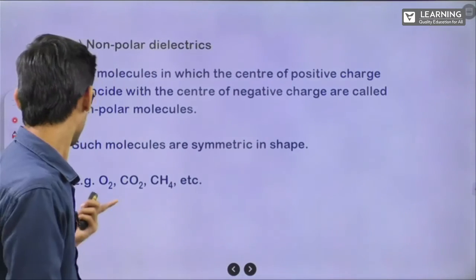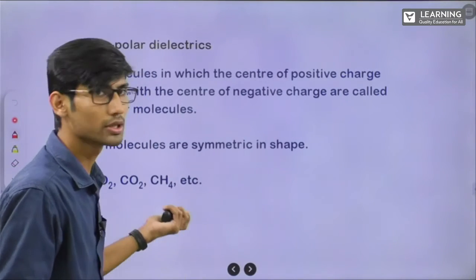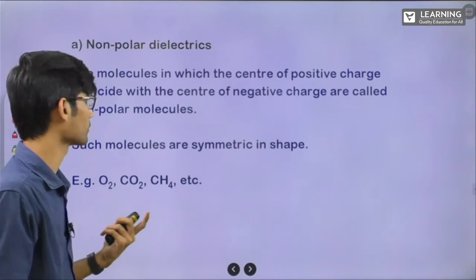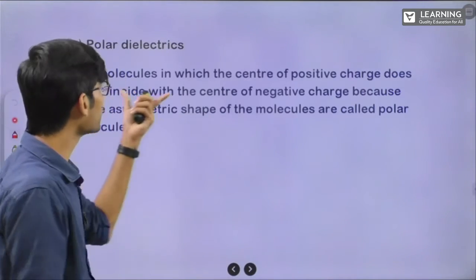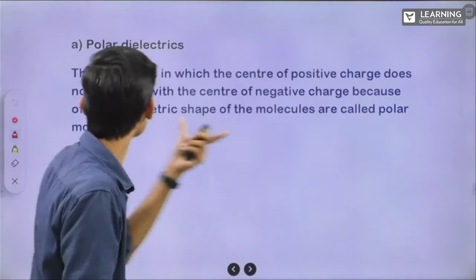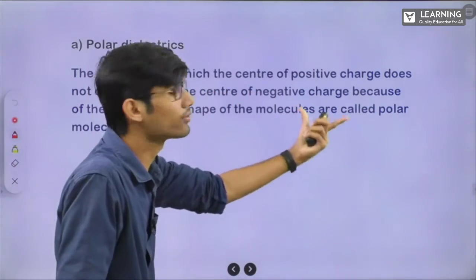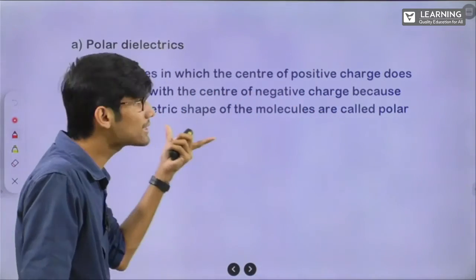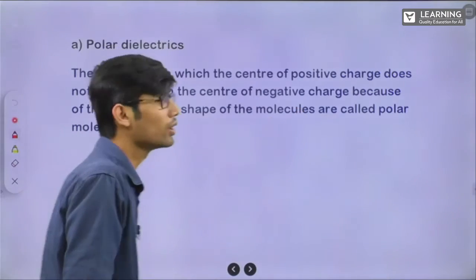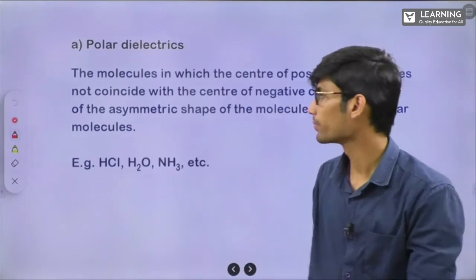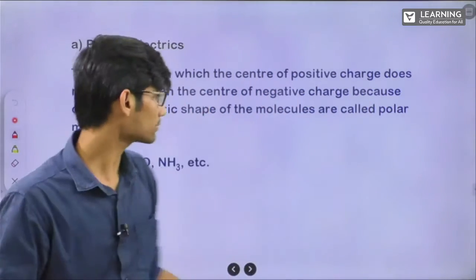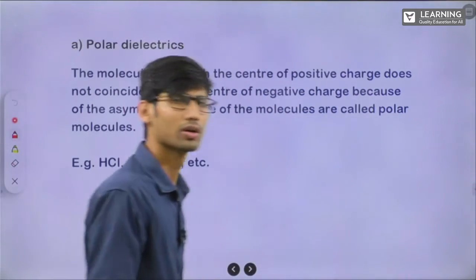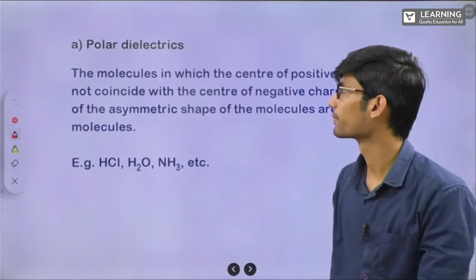Example: O2, CO2, methane, etc. Next, polar dielectrics. The molecules in which the center of positive charge does not coincide with the center of negative charge because of the asymmetric shape of the molecules are called polar molecules. Example: HCl, H2O, NH3, etc. Note it down if you want. It is all theory.